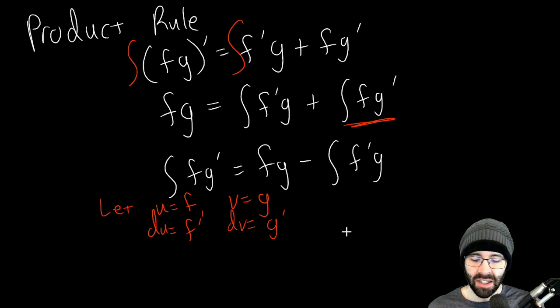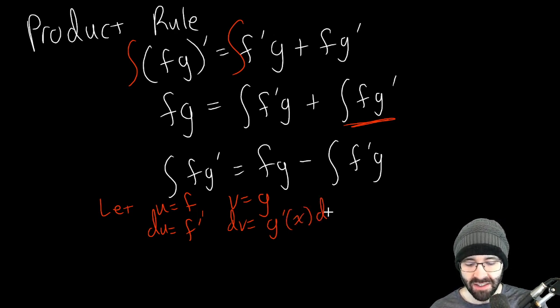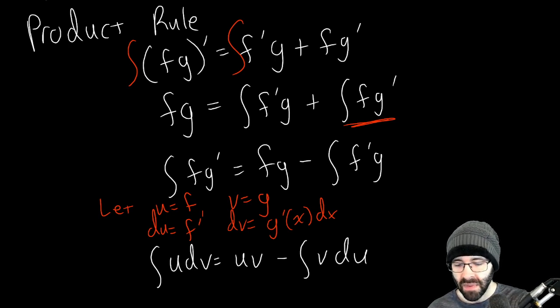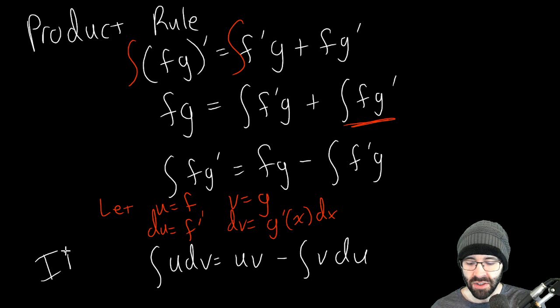Because really what we have is g prime is g of x dx. Like this is shorthand, but technically this is g of x dx. So it does work out. And then we get the integration by parts formula that the integral of u dv equals uv minus the integral of v du. And this is integration by parts.